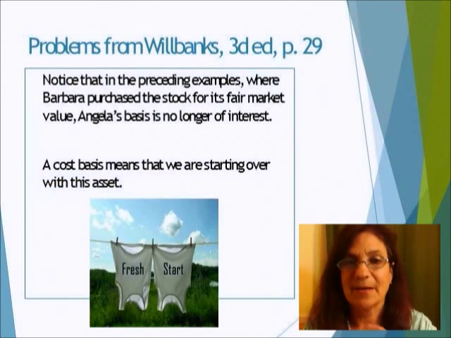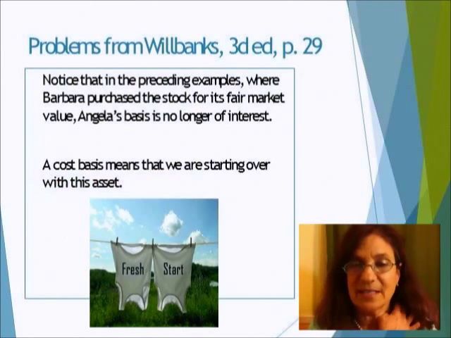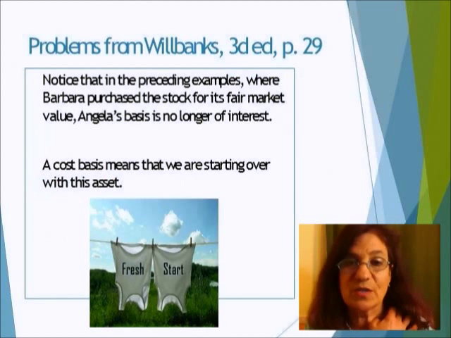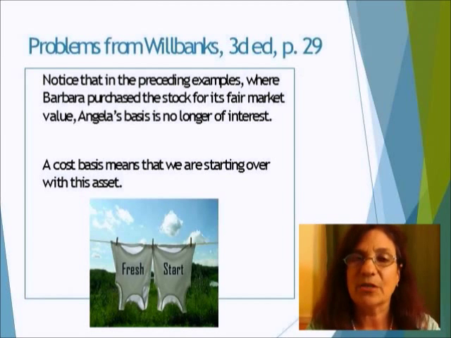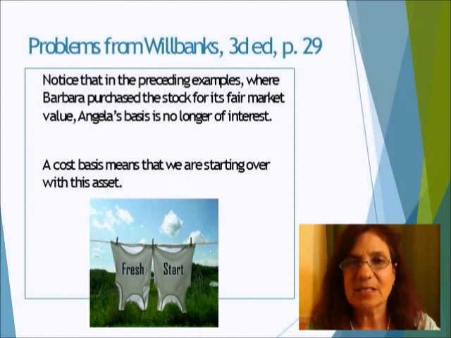Yes? Okay. So notice that in all of these examples where Barbara purchased the stock, we stopped caring about Angela's basis. Right? We just looked back to how much Barbara paid for the stock. We figured out its cost basis. So a cost basis really means that we're starting over with this asset.